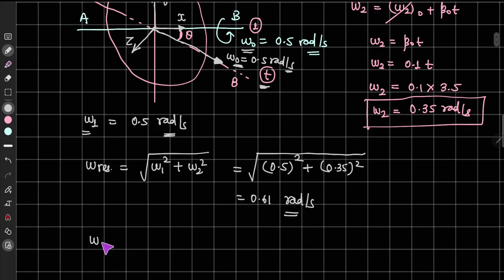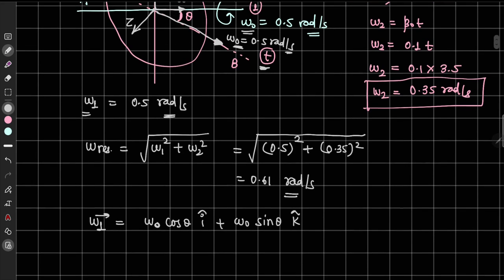So we can write omega 1 vector is equal to omega naught cos theta i cap plus omega naught sin theta k cap. Omega naught is fixed, that is 0.5 cos theta i cap plus 0.5 sin theta k cap.